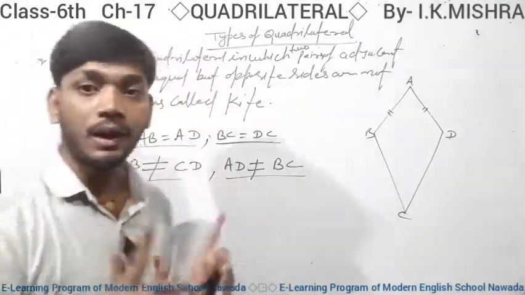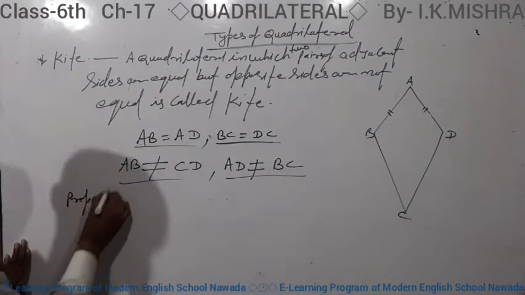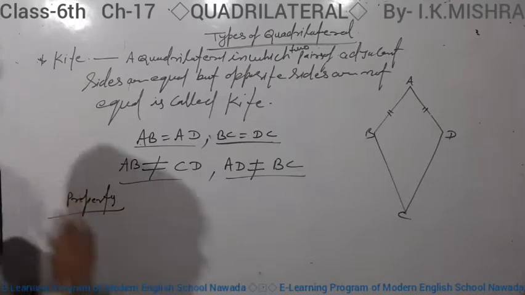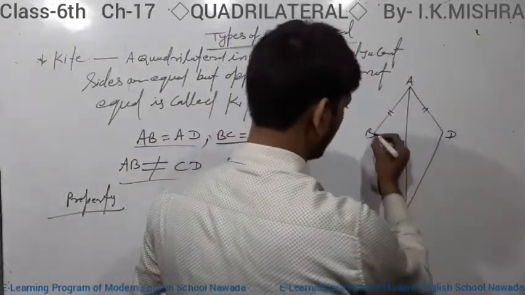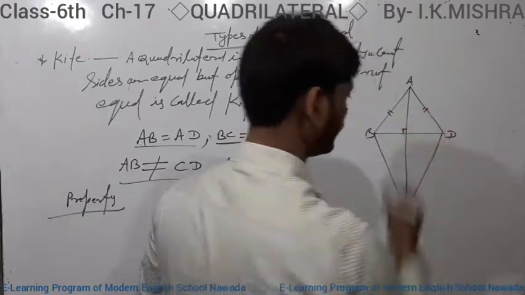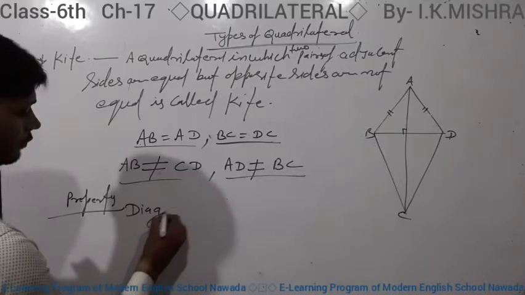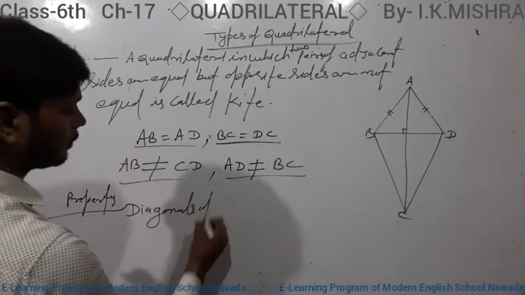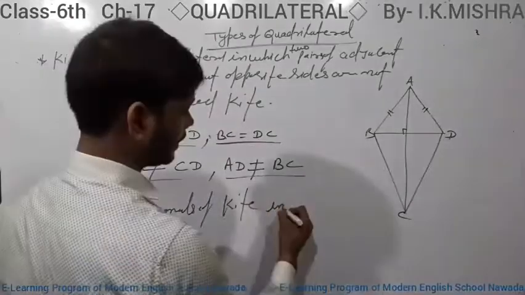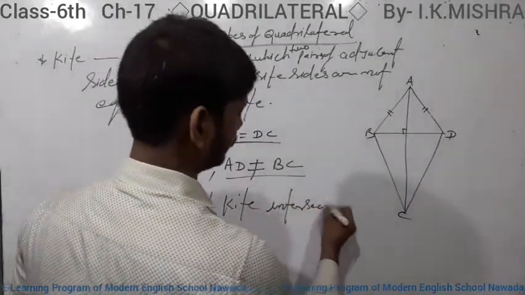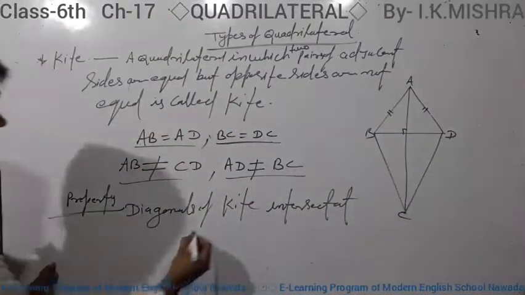Students, here is a main property: the diagonals of a kite intersect at right angle, they do not bisect.